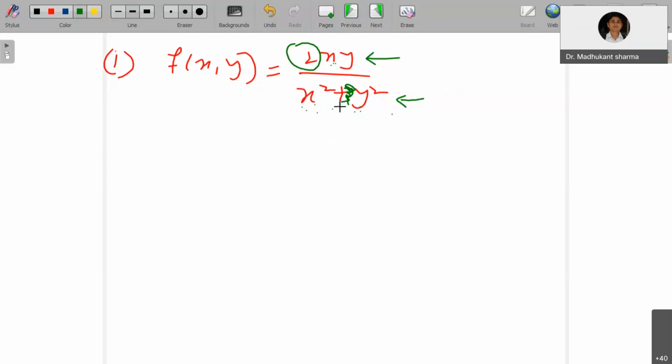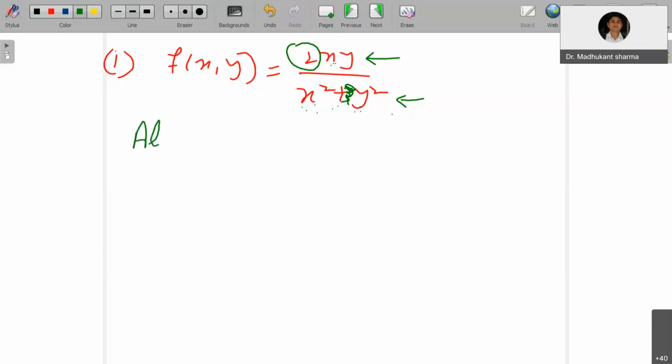Right? Now, both have the same degree. What happens is that when you have the same degree, most of the time the limit does not exist at (0, 0).